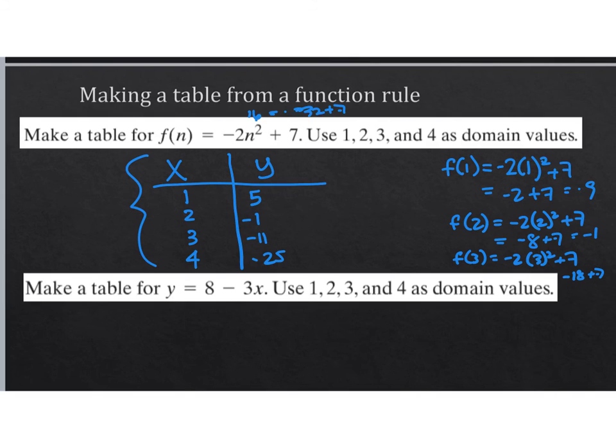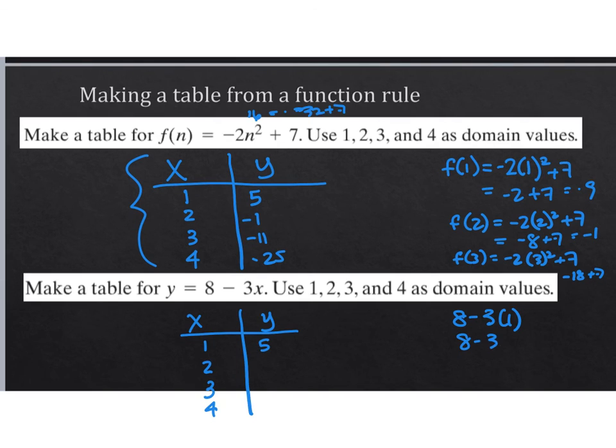Likewise, for this next part, I'm going to make a table for y equals 8 minus 3x, again using the same values of 1, 2, 3, and 4. So x is 1, 2, 3, and 4, and my y values. If I plug in a 1, I have 8 minus 3 times 1, or 8 minus 3 is 5.